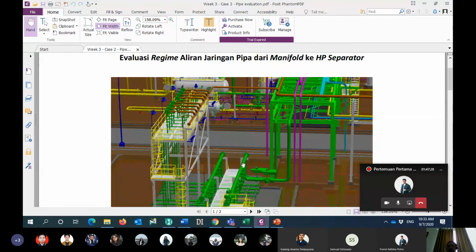So the pipeline goes to the bottom, straight to the surface on the land, goes up to the pipe rack, and then goes horizontal, and then goes to the separator.